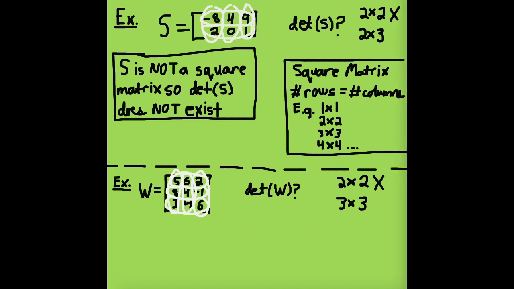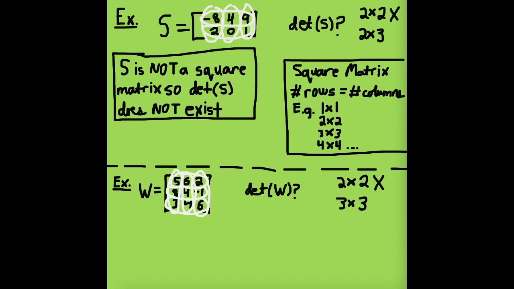Therefore, the determinant of matrix W exists, but we have not yet learned how to find the determinant of this matrix, as this video is only for finding the determinants of 2 by 2 matrices. I put this example in this video to stress that the formula AD minus BC is only for 2 by 2 matrices.